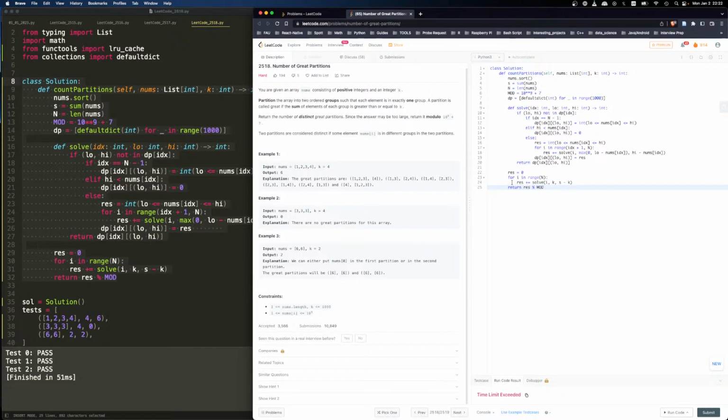And s minus k is a big value. Just say this has to be added together, has a smaller or equal to this. And I didn't even use a sort.